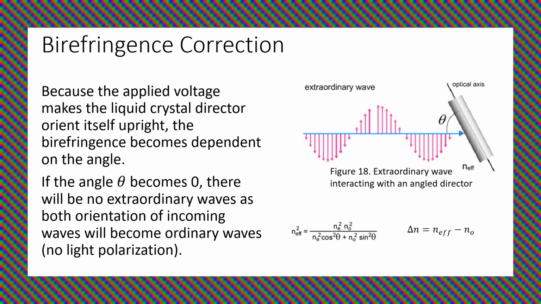Because of the dielectric anisotropy, if we apply an electric field, the crystal director actually aligns itself with the electric field, and then the birefringence varies with respect to the angle.